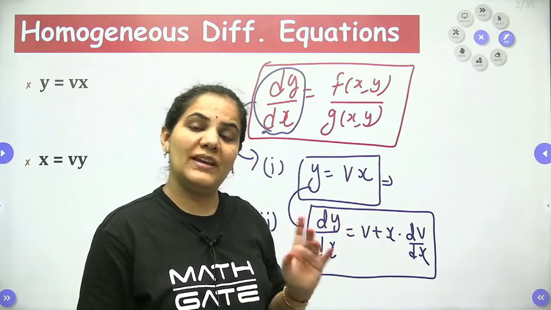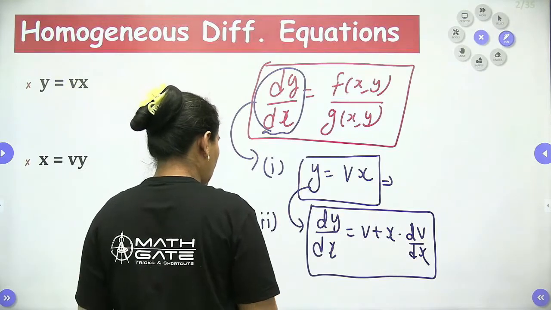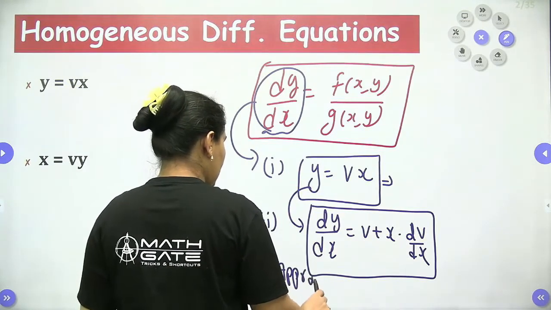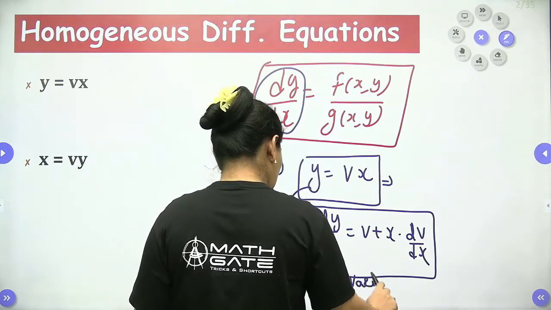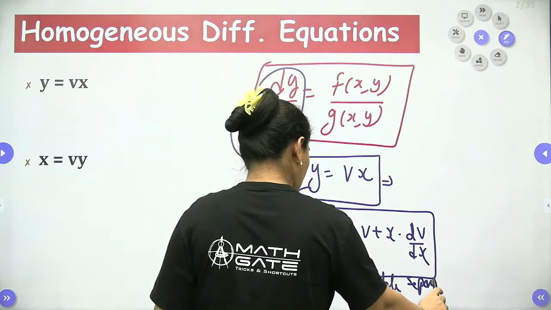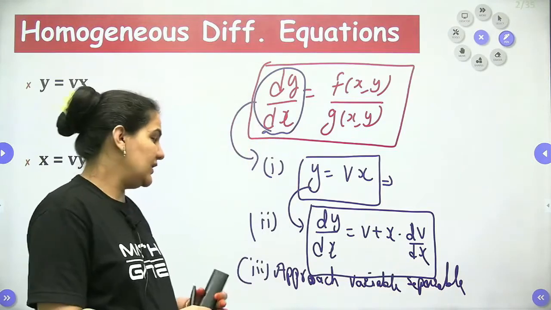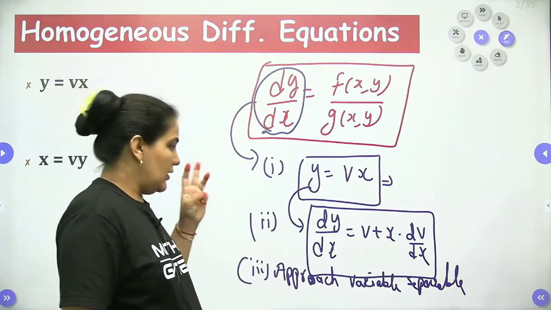Now you can approach the variable separation method. I will tell you examples and give you problems also based on this. So the third step is to apply the variable separable method. So there are three steps.